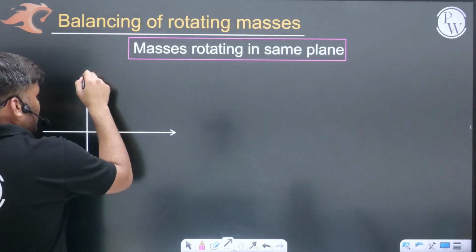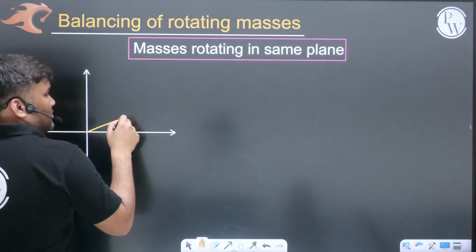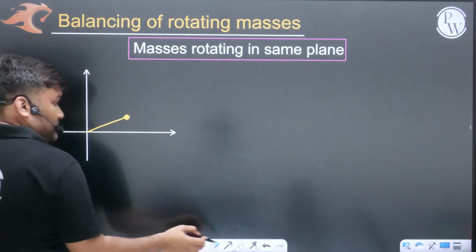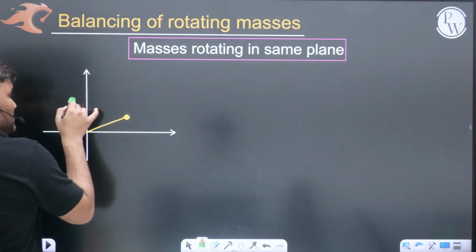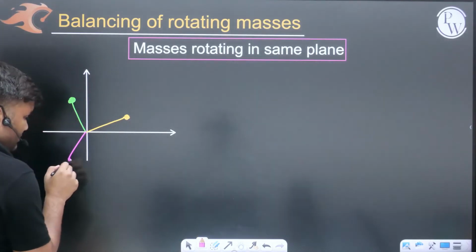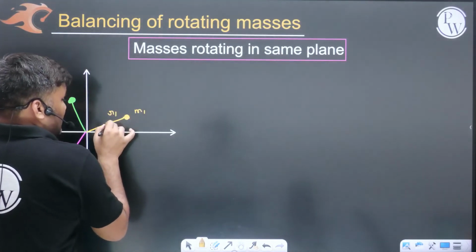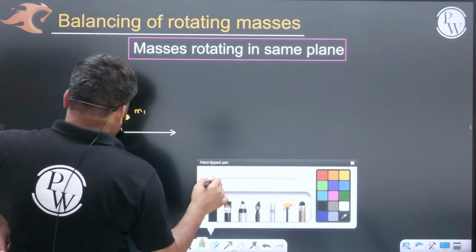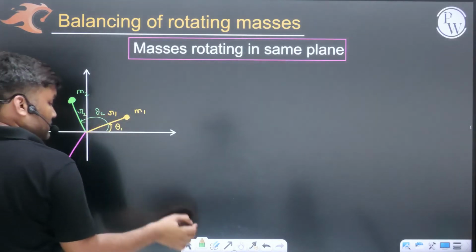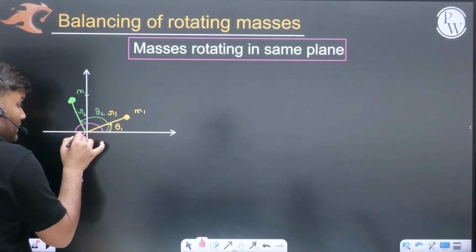Listen, the situation is something like this. Carefully, take this. All these masses are at certain angles from the reference axis. This mass m1 is placed here. This is mass m2 placed here. This is mass m3 placed somewhere here. Mass m1 is at distance r1 at angle θ1 from the reference plane. Similarly, mass m2 is at distance r2 at angle θ2, and mass m3 is at distance r3 at angle θ3. All these angles I am taking from the reference.